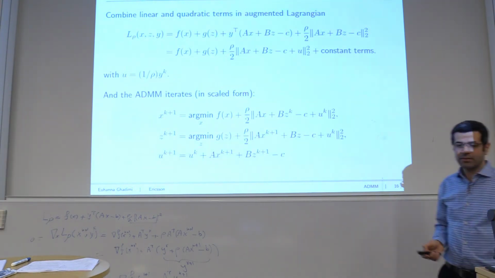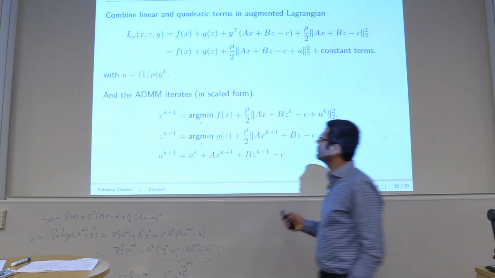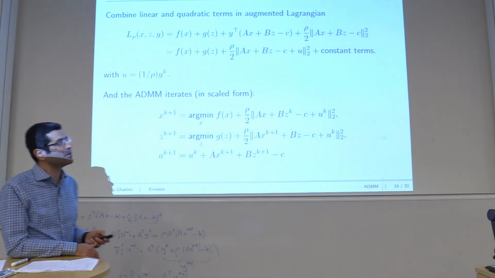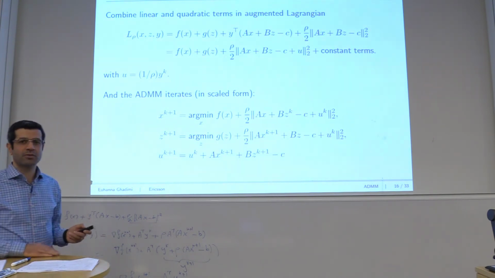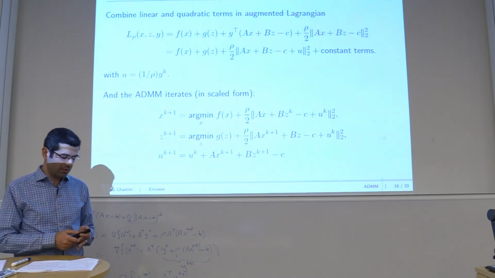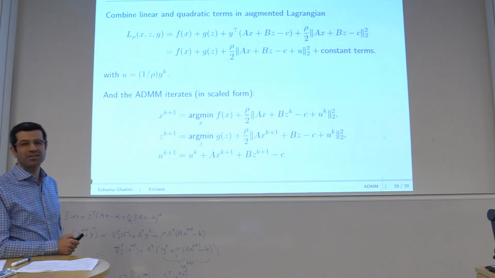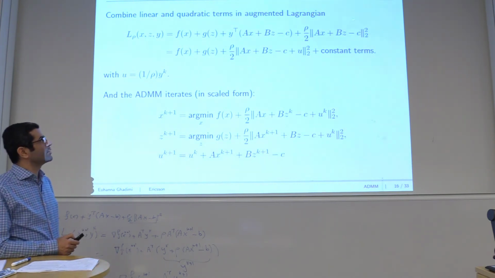This is maybe not really important, but it is a nice trick that you will usually see if you read the literature about ADMM, that sometimes it's nicer to have shorter equations. So you can do this, I don't know how to call it, completion of the squares trick or something.